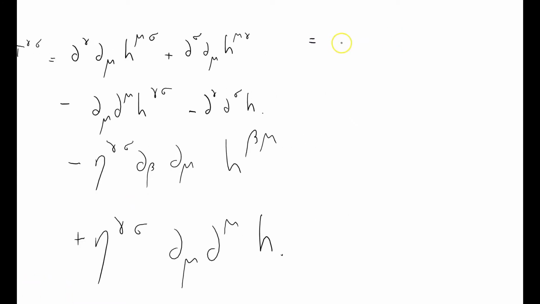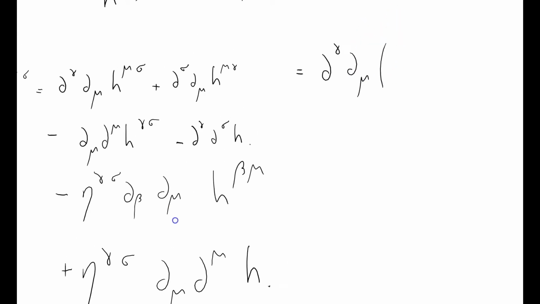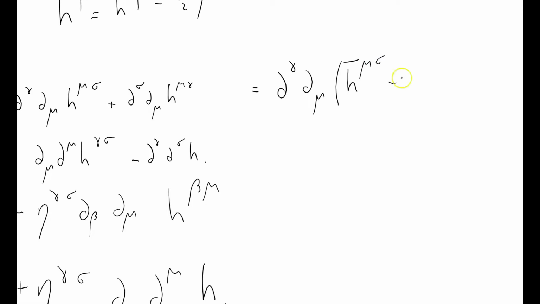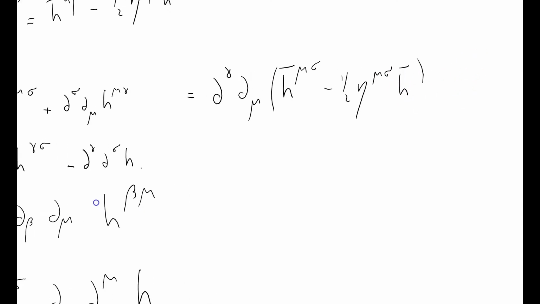Well, the first line is ∂_μ of h upstairs μσ. So it's h from this formula here, h bar μσ minus a half η μσ times h bar, plus, I've got enough space to write it there?